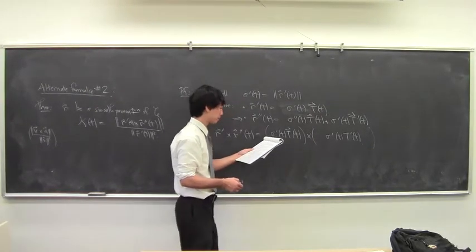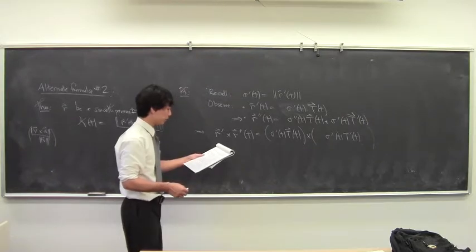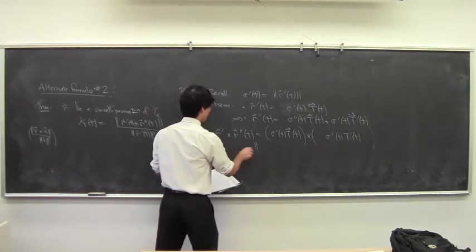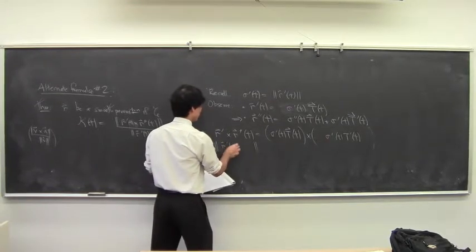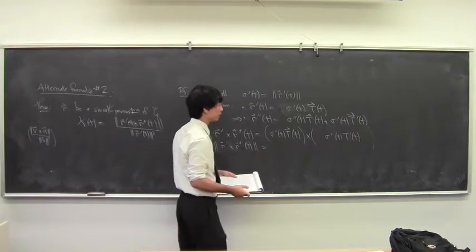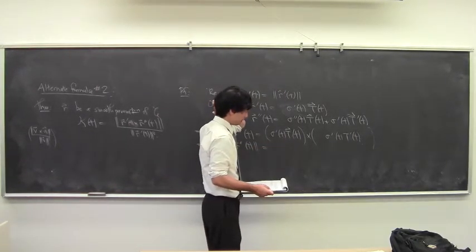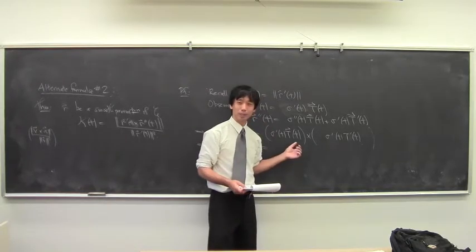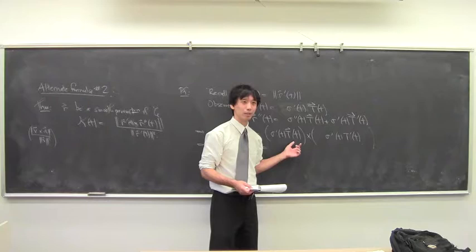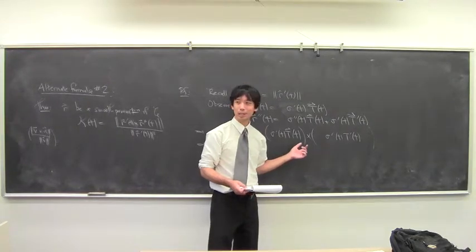Now notice, if we take the magnitude of both sides, what do we get? We have to remember the magnitude of the cross product.